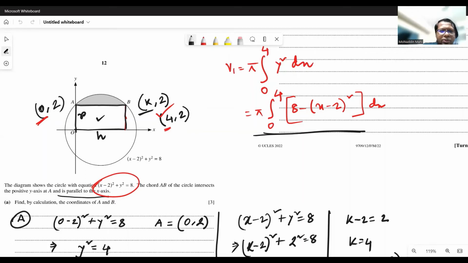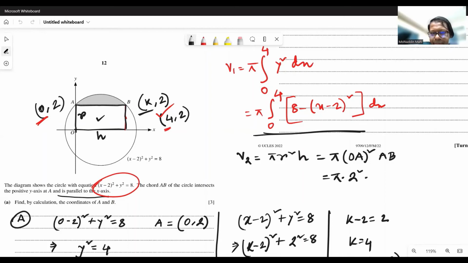All right. So let's consider the volume of the cylinder is V2, and that's going to be pi r square h. So what's the radius here? Radius is actually OA. And what's the height? Height of the cylinder is going to be AB. So pi into 2 square into length of AB will be 4 minus 0. So that's 4.